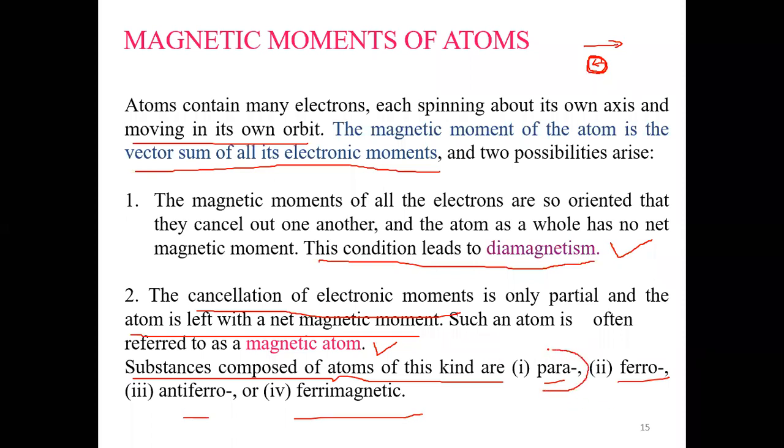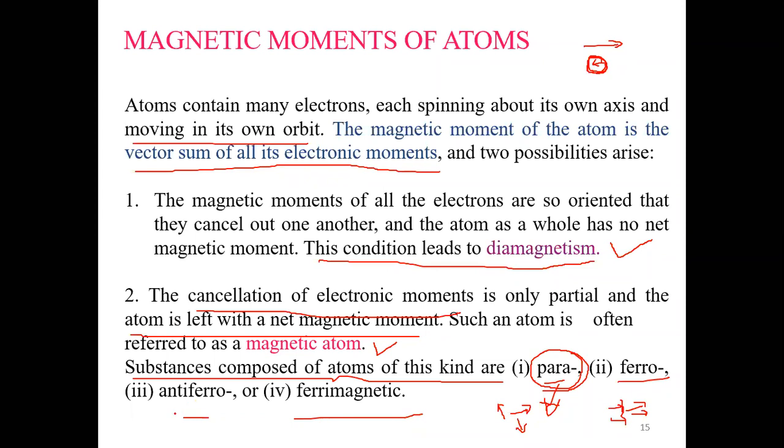If the magnetic moments are randomly aligned, that produces paramagnetic materials. When they have spontaneous magnetic moments, that means they are aligned in a particular direction even in absence of magnetic field, that's the ferromagnetic material.